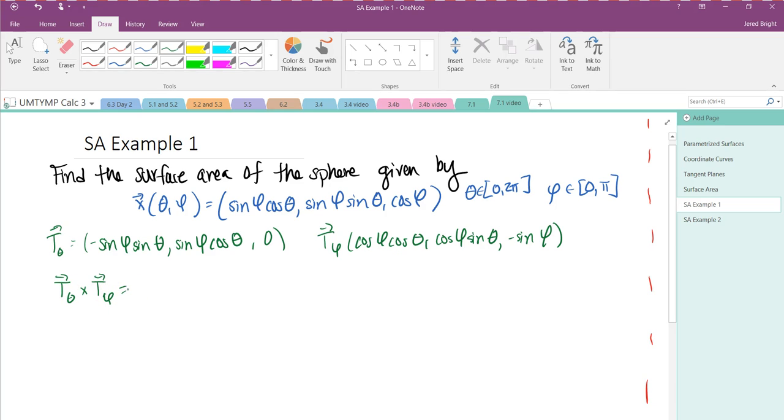Now this is something that I did off on a separate piece of paper because I didn't want to waste your time doing the cross product. So minus sine squared phi cosine theta, it's kind of long, and then minus sine squared phi sine theta.